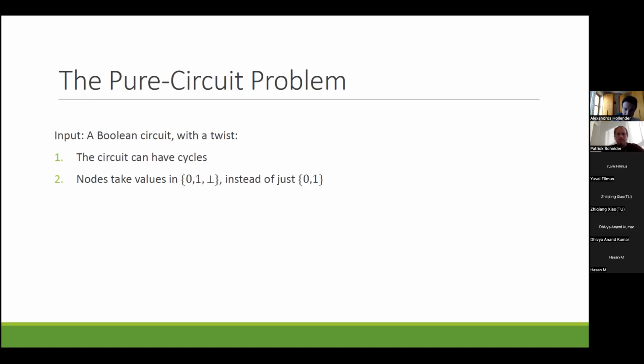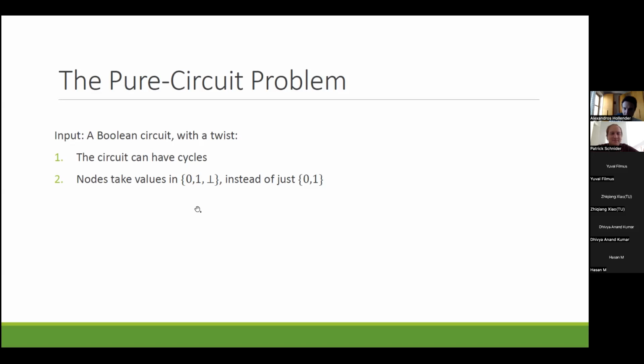The second twist is that normally in a Boolean circuit, the nodes just take values 0, 1, true, false. But here you allow a third value, which I denote by this perpendicular sign, and which I'll just call garbage.